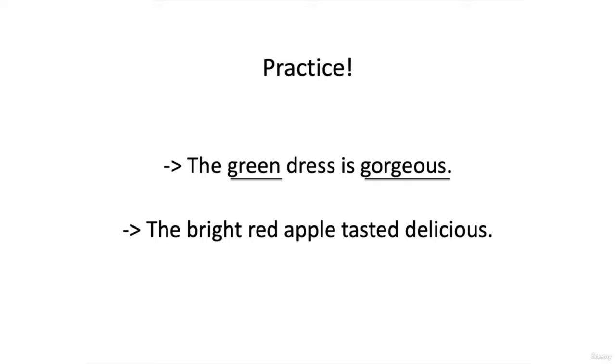The bright red apple tasted delicious. In this sentence, we have three adjectives. Bright describes the appearance of the apple. Red describes the color of the apple, and delicious indicates how the speaker feels about it.